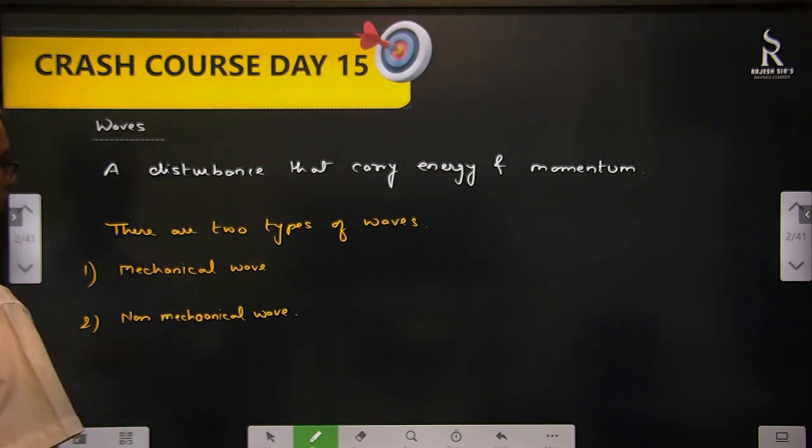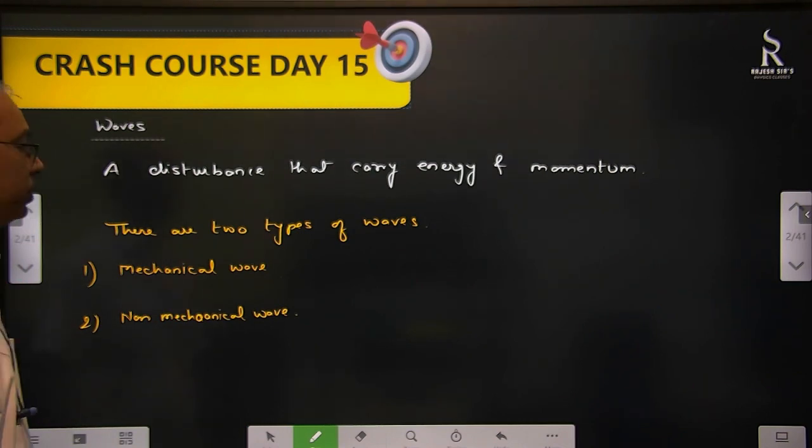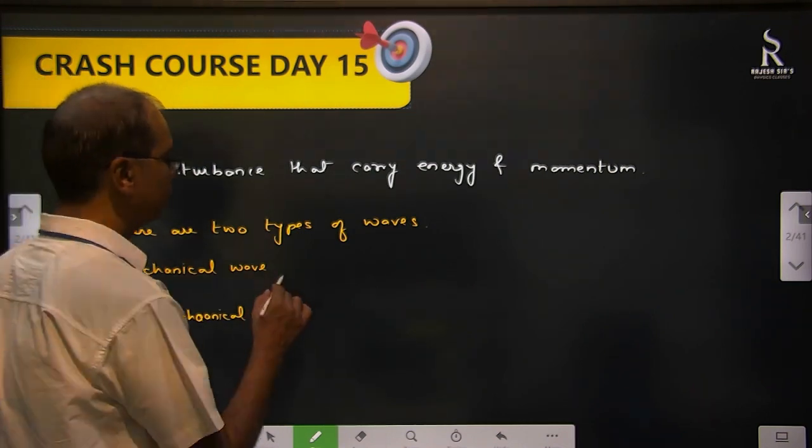Mechanical waves require a medium for propagation.